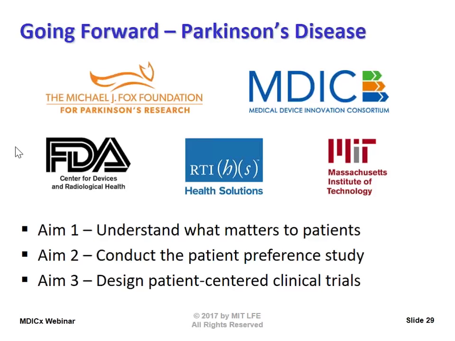So based on the public health impact, and the challenging, heterogeneous patient population among Parkinson's disease patients, we chose it as another example to work on, so that we can learn from it and make a better and more patient-centric benefit-risk assessment of devices.